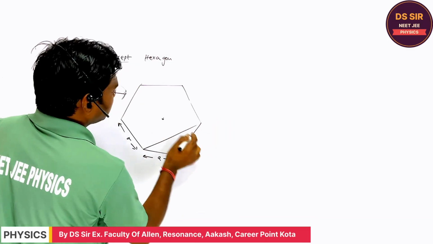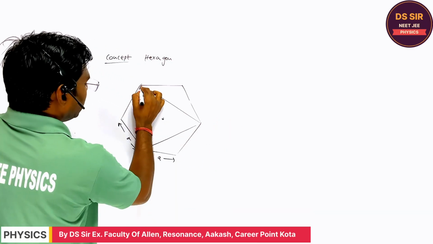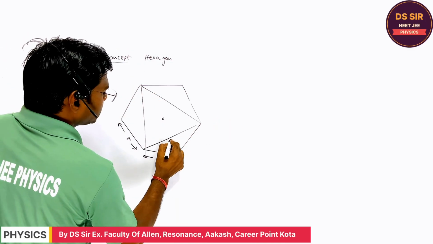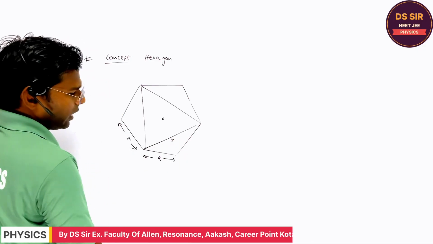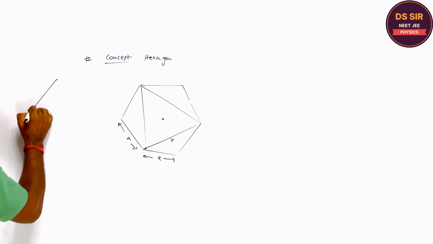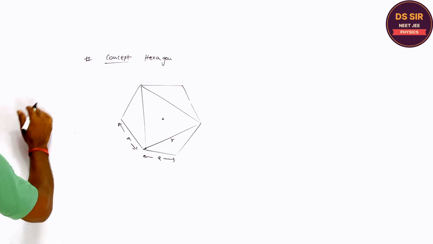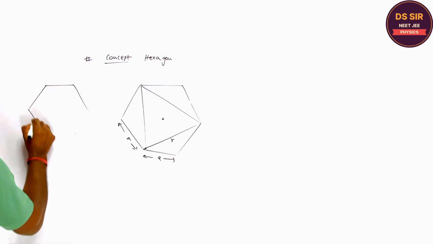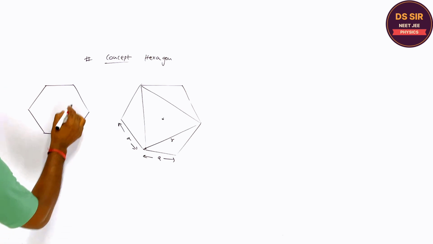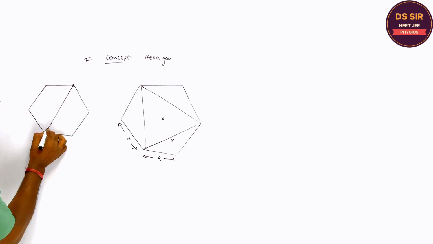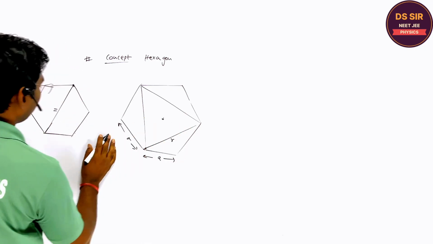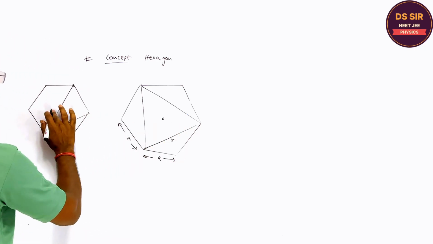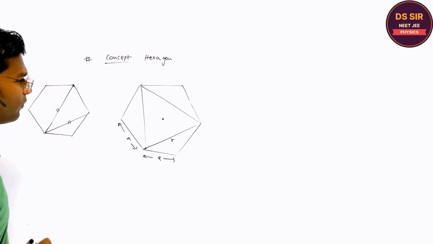Suppose this is assumed to be R, right? And another thing in the hexagon like this, this is the big diagonal and you have to find this distance. Also you have to find this distance. Understood or not? How to find?